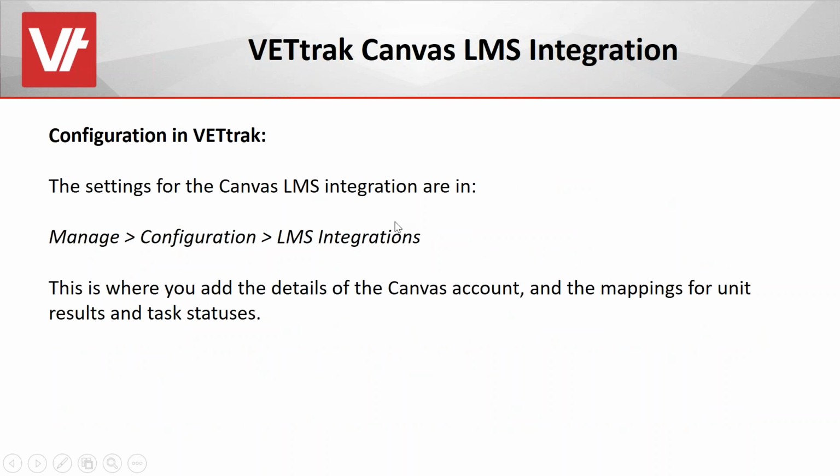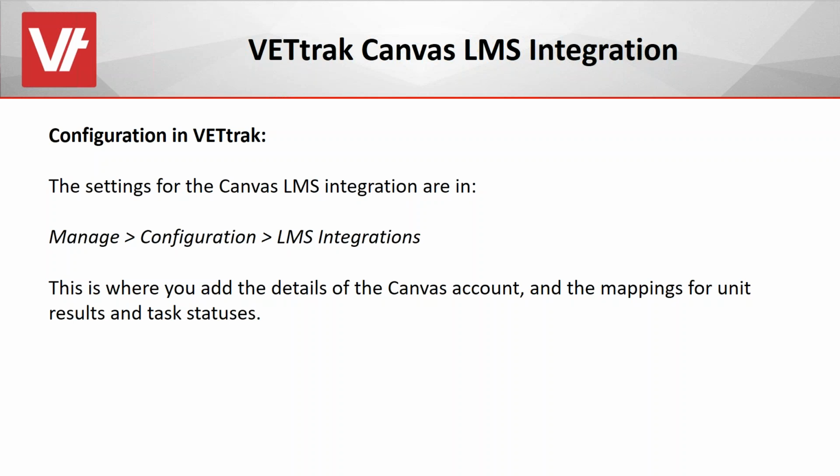Okay, we're going to walk through basically how this is set up and how you do the integration with VETtrak. First of all, as with most things, there's some configuration that needs to be done. The settings for the Canvas LMS integration are in Manage, Configuration, LMS Integrations.